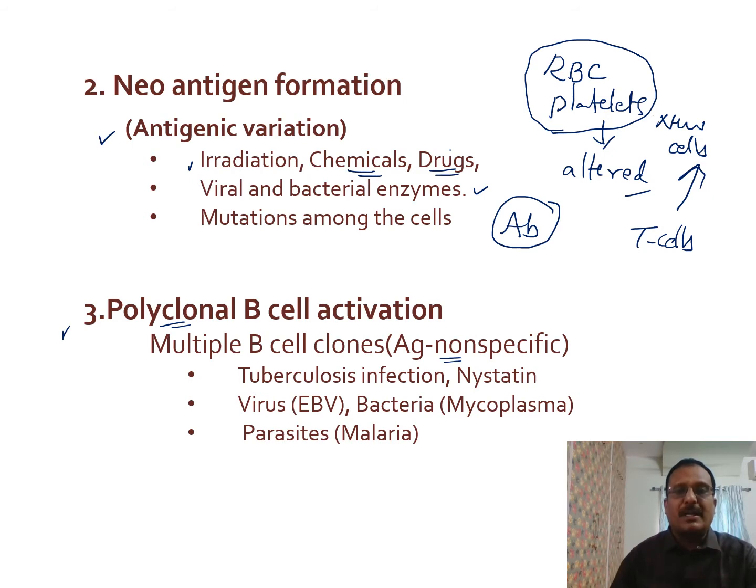That is known as polyclonal B cell activation. This is possible in tuberculosis, following treatment with nystatin, viral infections like Epstein-Barr virus, mycoplasma infections, and parasitic infections like malaria. All will non-specifically stimulate the B lymphocytes to produce many clones and many unwanted antibodies, which results in a breach in the immunological tolerance that bounds the autoimmune response.